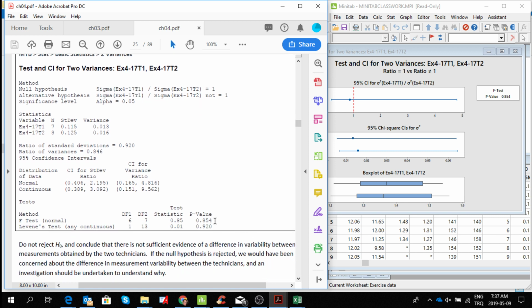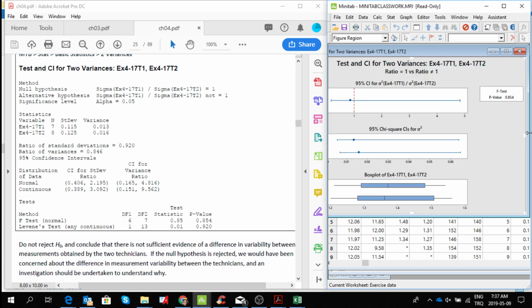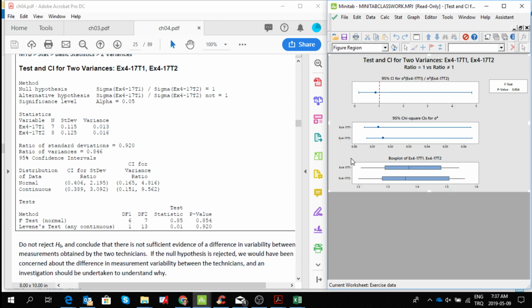We get the F-test p-value of 0.852, and we can see the separate confidence intervals for each sample. The confidence interval for the variance ratio is in here, and a box plot is shown here as well.